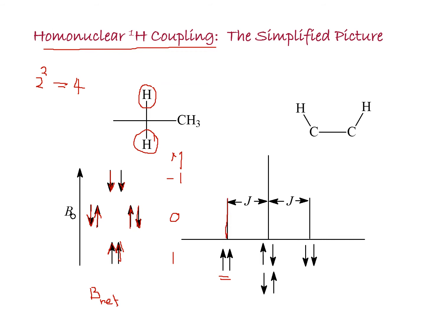This is 0, so nothing will happen. This is against, so it will decrease the energy and decrease the frequency. The probability here is 1, the probability here is 2, and the probability here is 1. So we'll find this triplet in a 1 to 2 to 1 ratio. Alright, this CH3 will be split by this CH2 into a triplet.